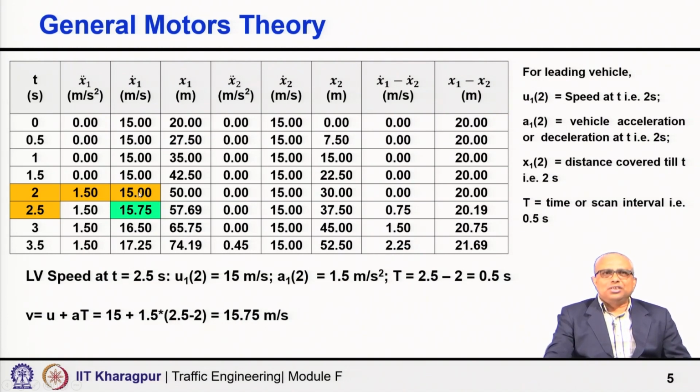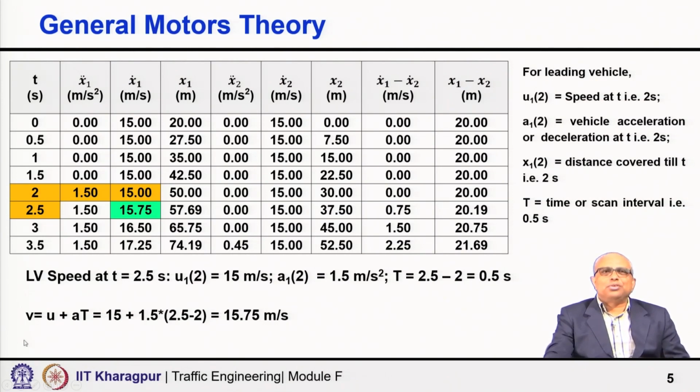What is the acceleration at t equal to 2 second? 1.5 meter per second square. And this interval capital T is nothing but the scan interval, always 0.5, which is the time gap between 2.5 seconds and 2 seconds, that is 0.5 seconds. That is why I have shown the calculation here.